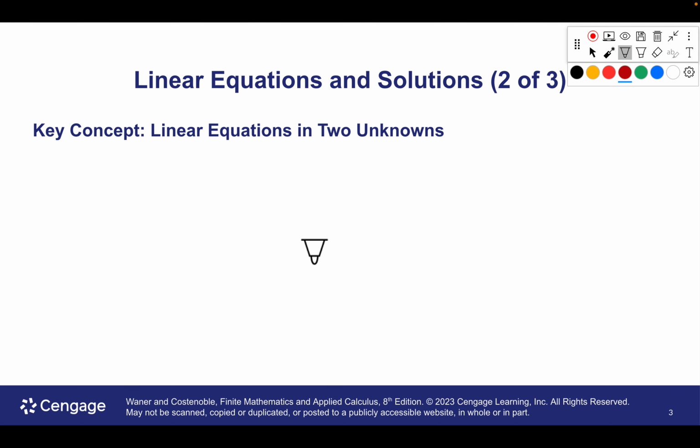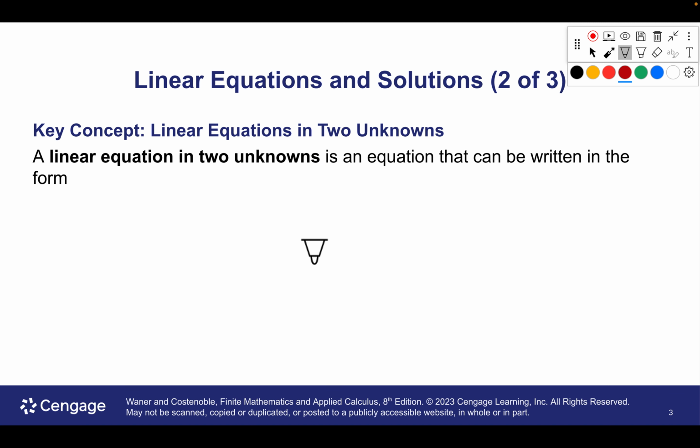So linear equations in two unknowns. It's an equation that's been written in this form. So this is what we call general form, standard form. Notice this can be solved for y, and that might be the y equals mx plus b. So we would subtract ax from both sides. So you end up with by equals c minus ax, and then we would divide both sides by b.